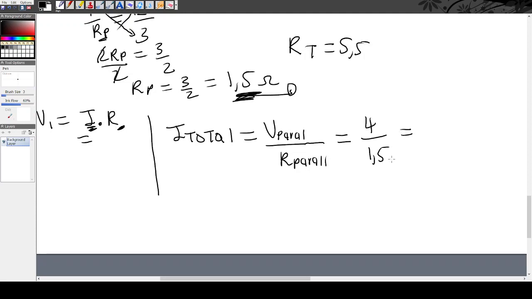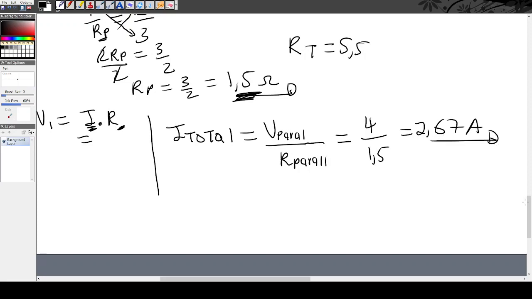So guess what? We now know I total. I total is equal to 4 divided by 1,5. That's 2,67. Wow. It's 2,67 amps.